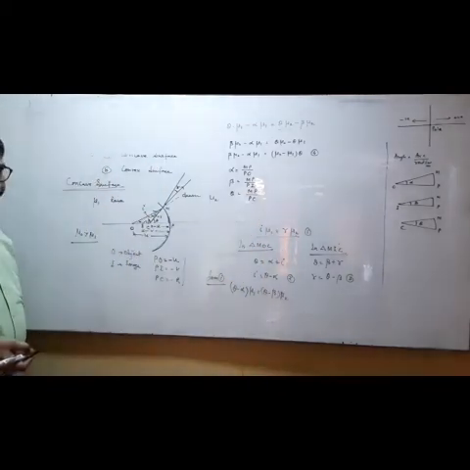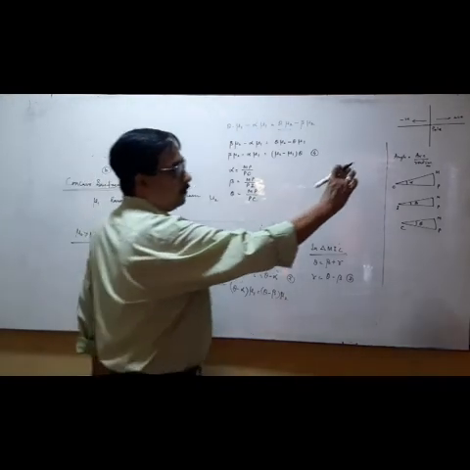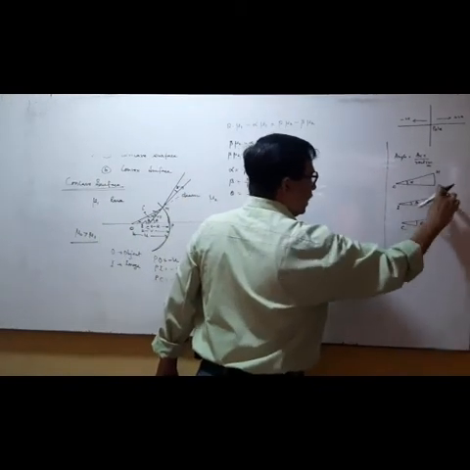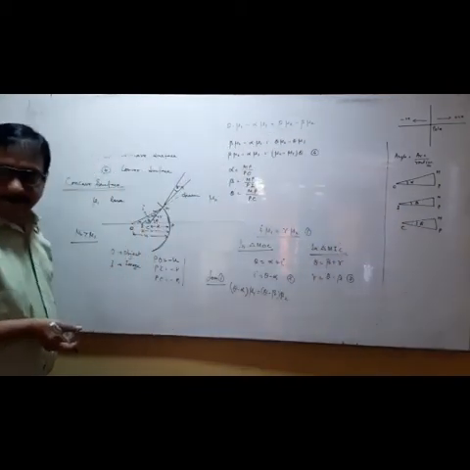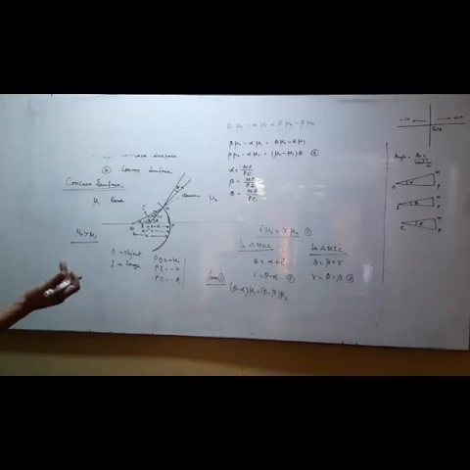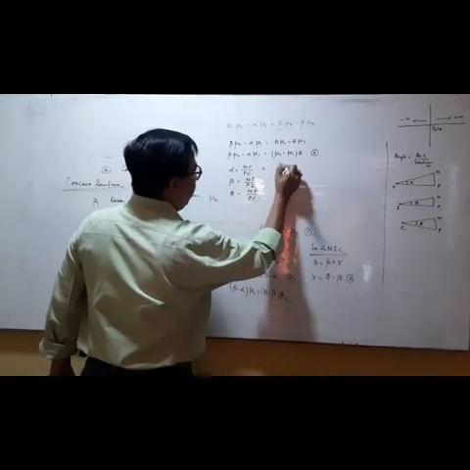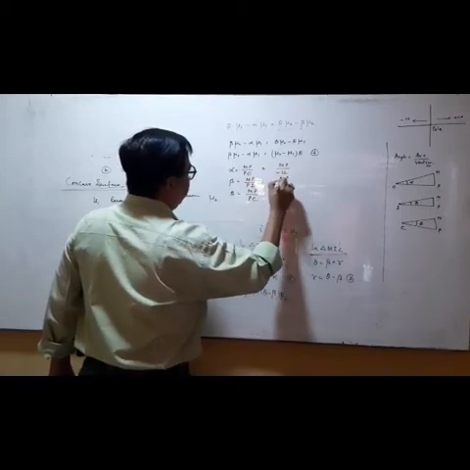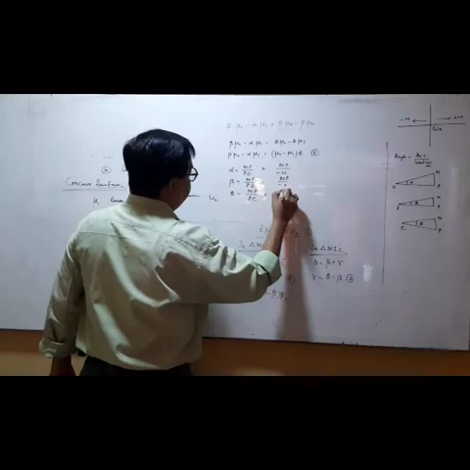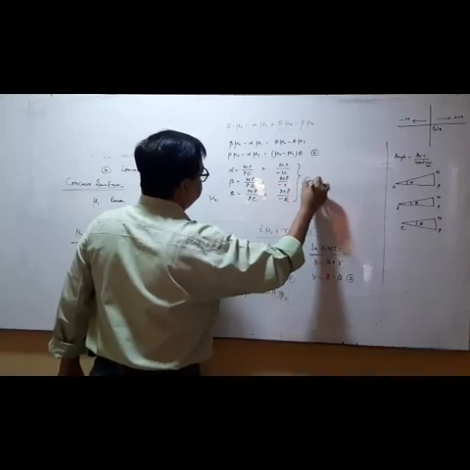Angle is equal to arc by radius. Right? And now put the values of PO, PI and PC. So this is MP by minus U, MP by minus V, MP by minus R. This is equation number 5.